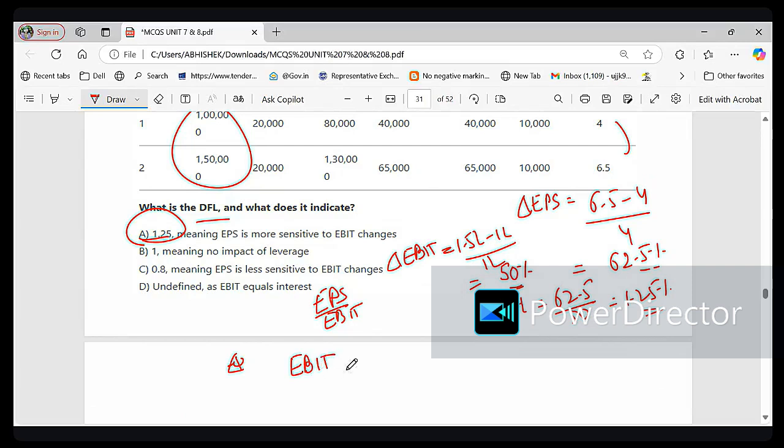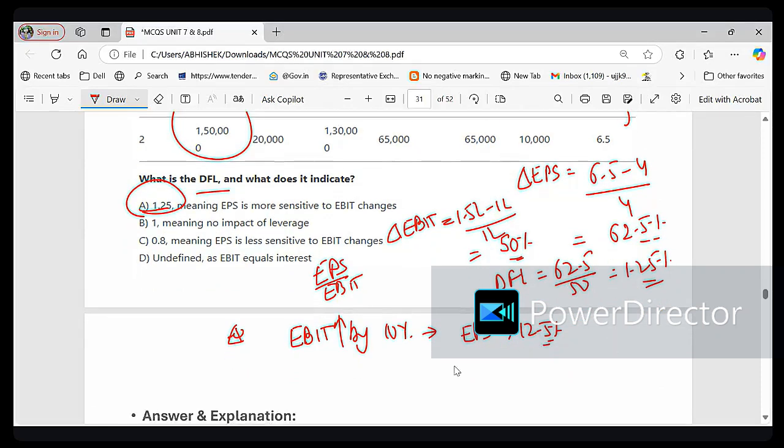If your EBIT increases by 10%, EPS will increase by 12.5%. In plain English, why? Because of that fixed interest, creating leverage. You have taken a loan, and that is creating leverage, and because of that leverage, your EPS is increasing by 12.5%. So the correct answer to this question is option number A, right?